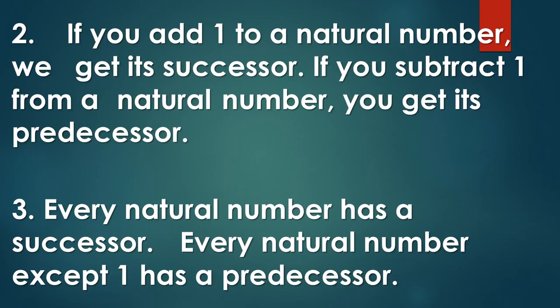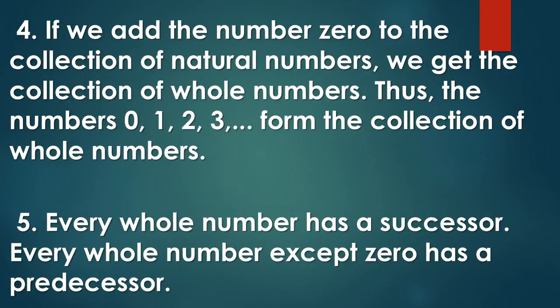Fourth point. If we add the number 0 to the collection of natural numbers, we get the collection of whole numbers. So, what are whole numbers? 0 including all the natural numbers. So, 0, 1, 2, 3 form the collection of whole numbers. Which is the smallest whole number? The smallest whole number is 0.